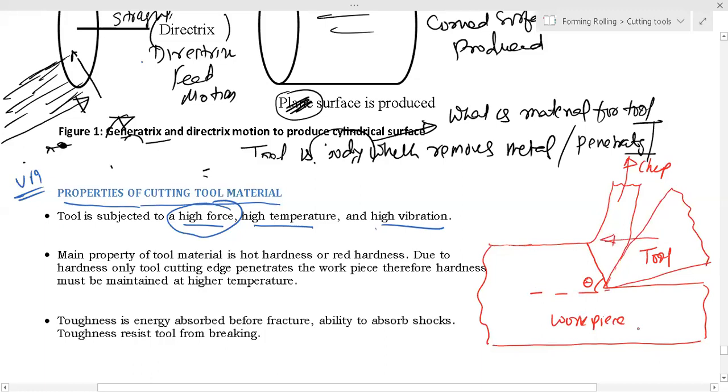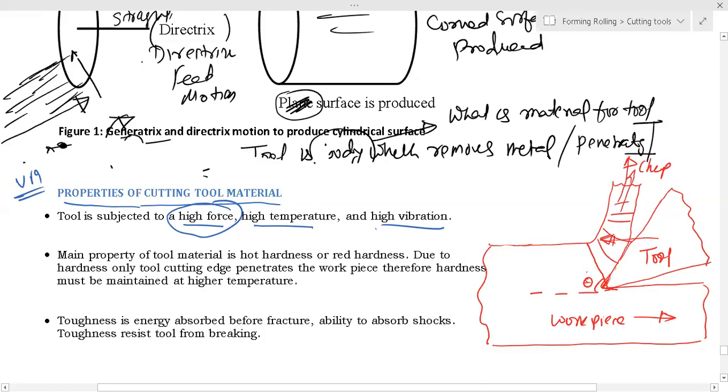Sometimes your tool moves, sometimes your workpiece moves. The tool is subjected to different forces that we'll discuss in the mechanics of metal cutting. But for the time being, understand that the tool has to move in this direction, and this tool edge will cut the material, and the material, this is your chip, will flow like this.